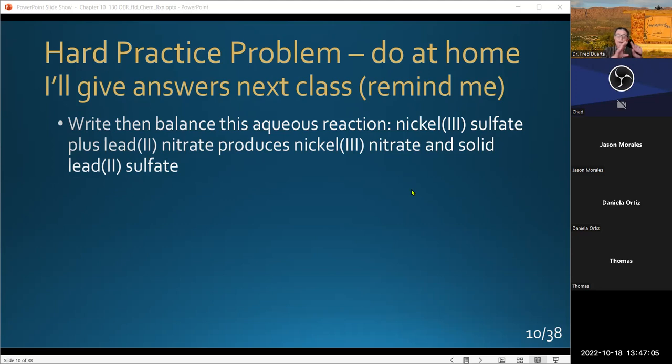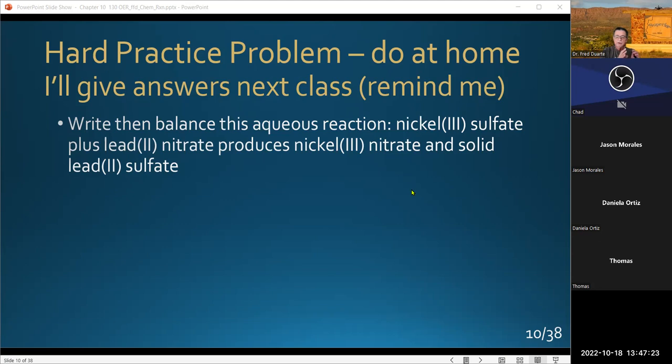And so we're going to take everything we've been working with as far as the variable oxidation states of the metals and the polyatomic ions, and we're going to put them together to write the formula, okay?